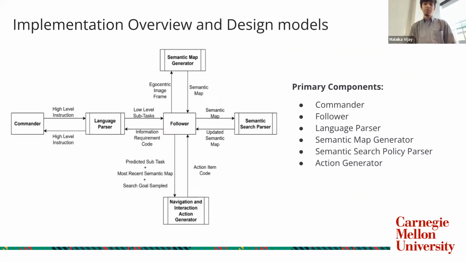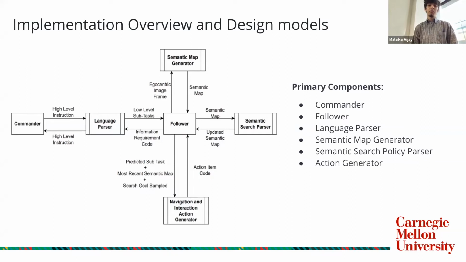Now let's have a brief look at the flow within the navigation module. As Malaika explained, we have the following high-level components. The commander issues high-level instructions to the language parser, which converts them into low-level subtasks. The follower consumes the low-level subtasks as well as egocentric RGB images to construct its version of the semantic map of the environment.